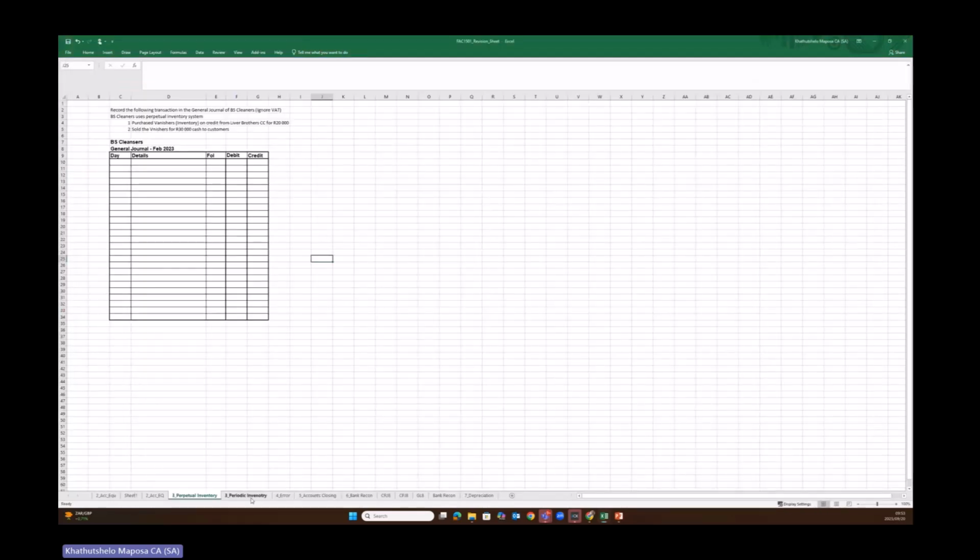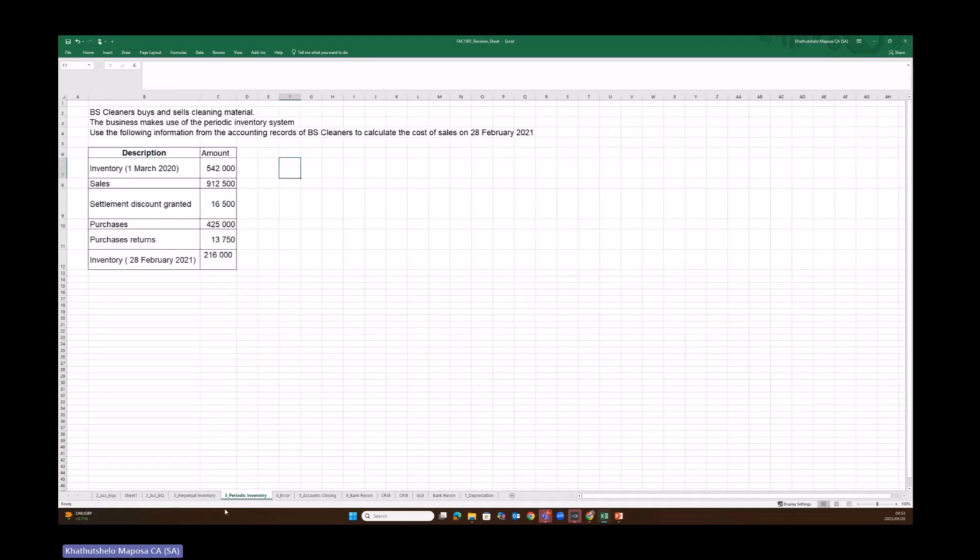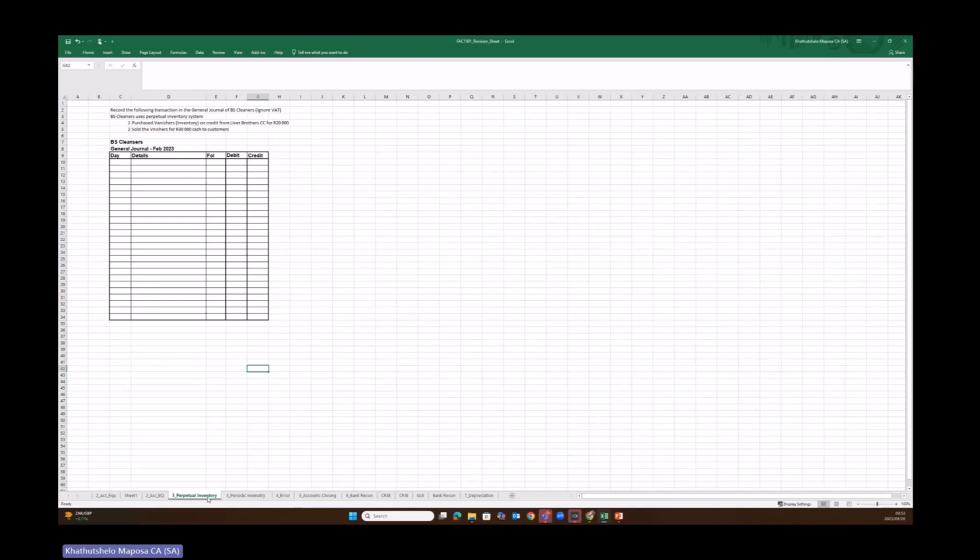There are 2 inventory systems. The first is called the perpetual inventory system, and the second is the periodic inventory system. On the perpetual system, whenever we are selling something, in addition to the sales transaction, we also record the cost of sales leg of the transaction.